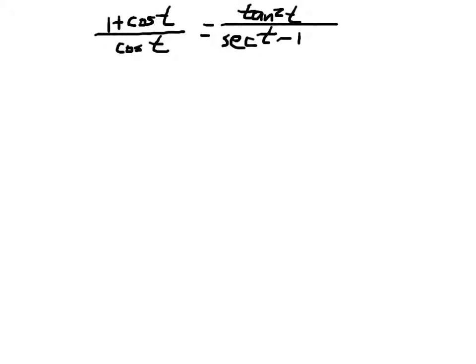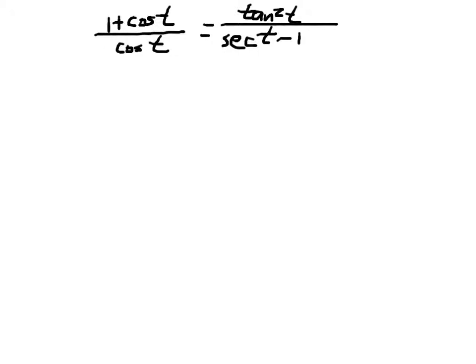And one of the things you can do, and I think that's what we're going to do in this particular problem, is everything we've looked at so far has always been about working on one side, transforming it so it looks like the other side. But another technique is to work with both sides together and get them to end up equaling the same thing. And that's the technique I'm going to use here.